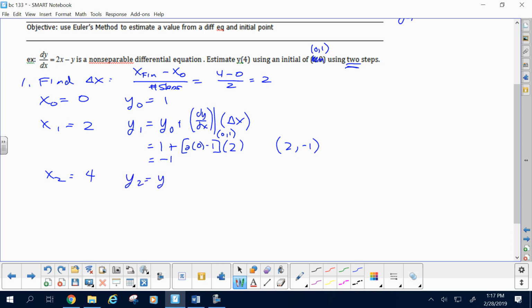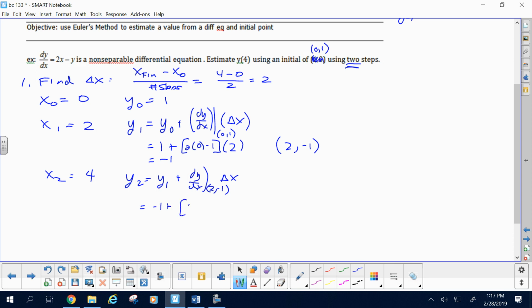y2 is y1 plus the derivative at the previous point, 2, negative 1. That's partially why you write it out there, so it can be easily located. And the delta x is still 2. Details: y1, or the y at which we left off, is negative 1.